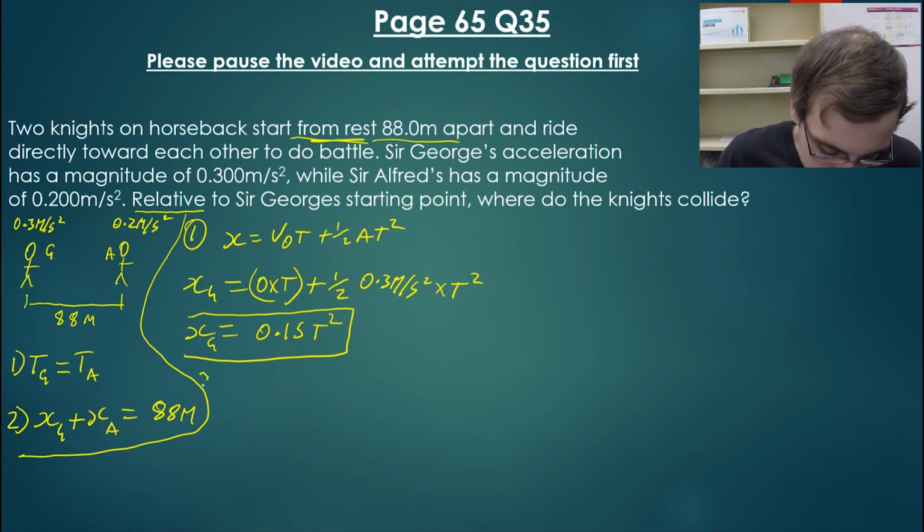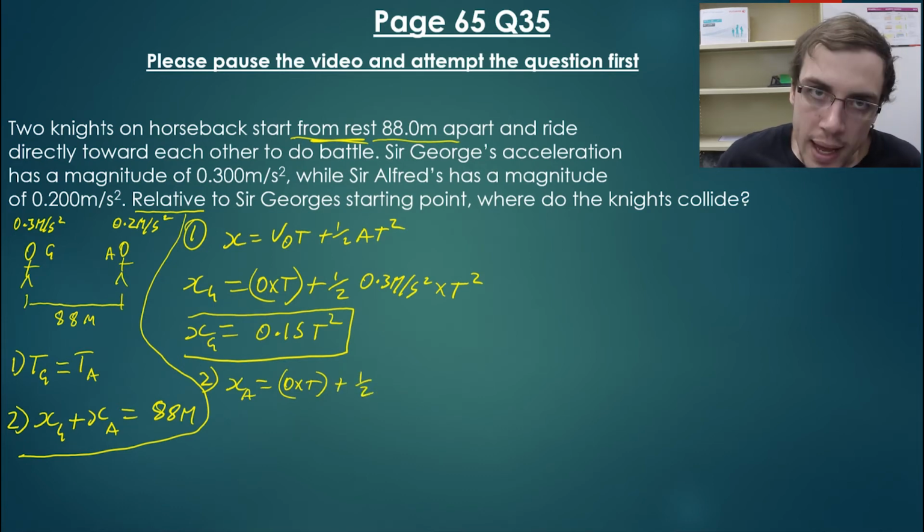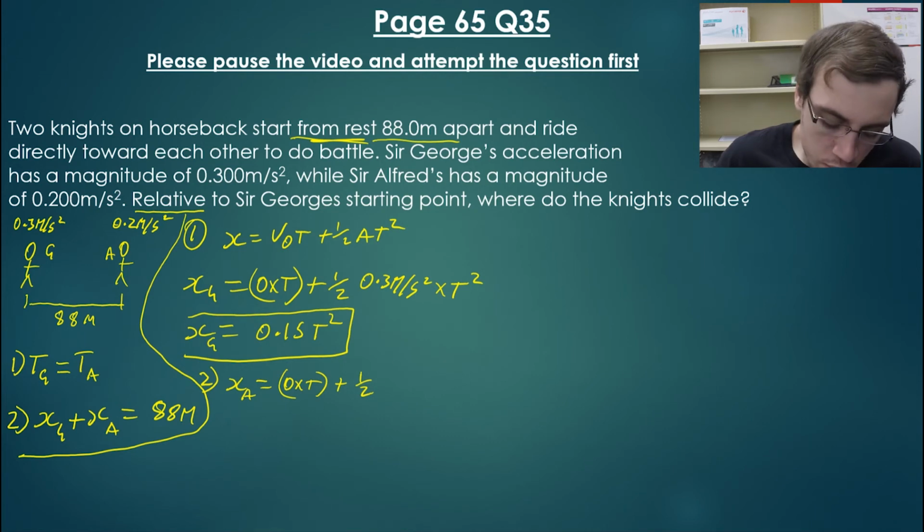So the displacement for Alfred is v0t, so it'll be 0 times t plus 1/2 a, which is 0.2 meters per second squared, times t squared.